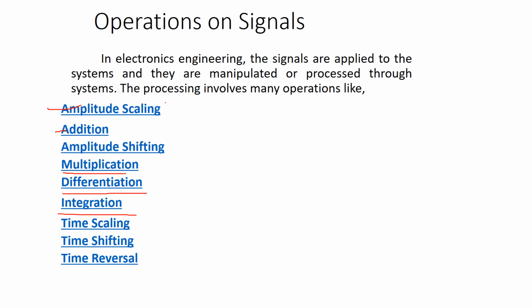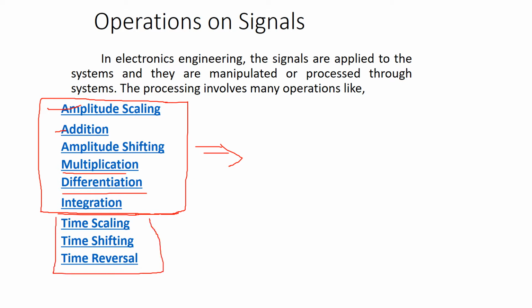So this part is nothing but the operation on the dependent variable. This operation is divided into two parts. The first one is represented as operation on the dependent variable, and the last three, that is time scaling, time shifting and time reversal, are the other part of operation on signal.